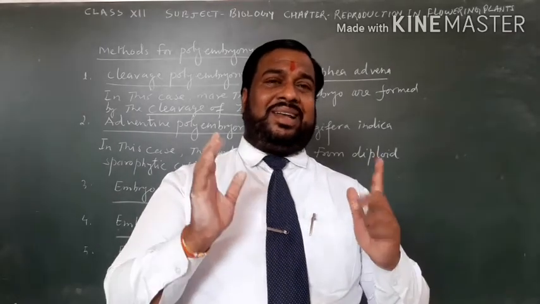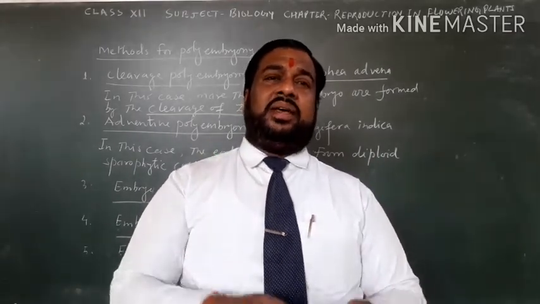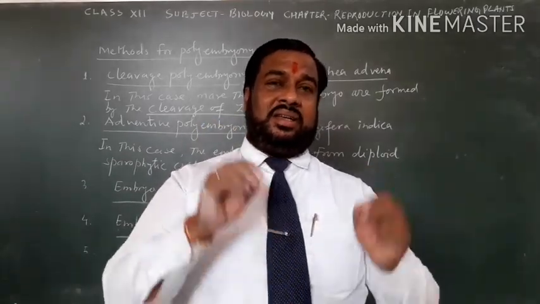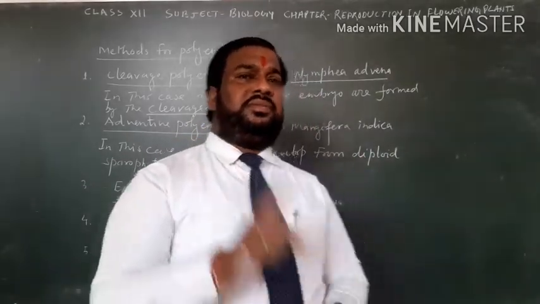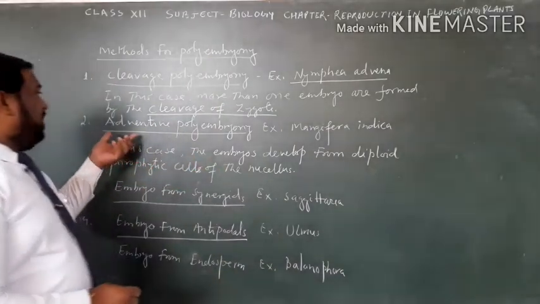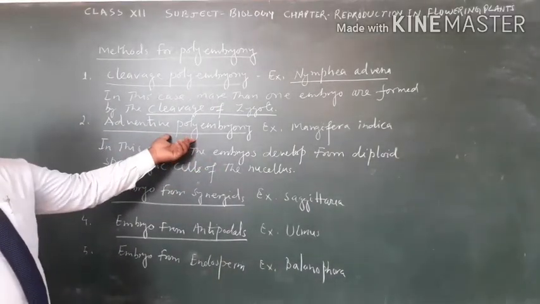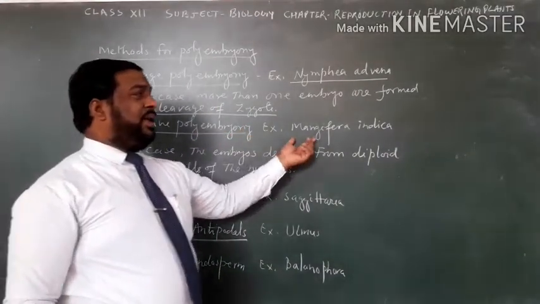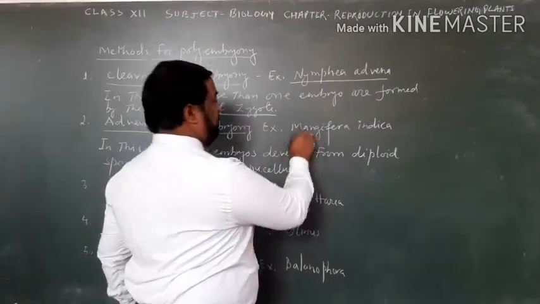So this is cleavage polyembryony, and it occurs in gymnosperms. Second is adventive polyembryony, which occurs in Mangifera indica.